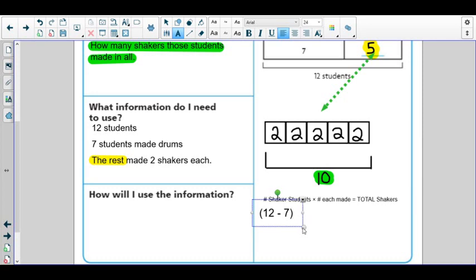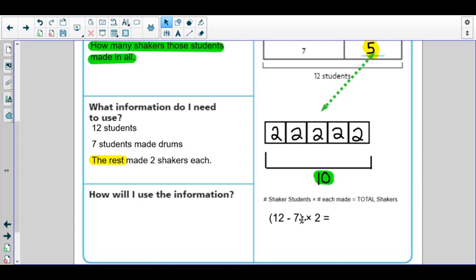And each of those students made 2 shakers for a total of what? Well, let's see how this works. This right here is the key concept I was wanting you to get yesterday.